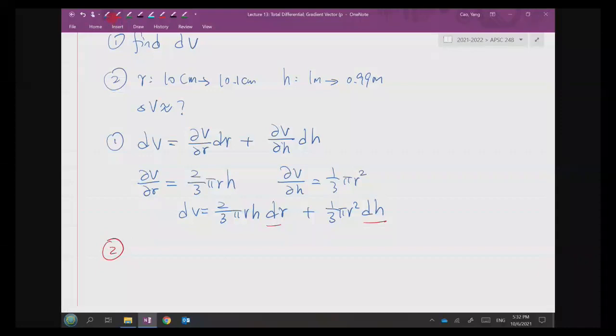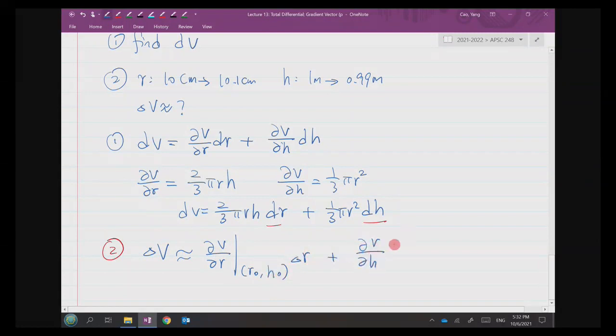Second part of the question, you are going to calculate the delta V change. So delta V change means you calculate partial V over partial r, but now you need to calculate its value at the initial point, r naught, h naught, and then multiply by delta r, plus partial V over partial h at the initial location, times delta h.